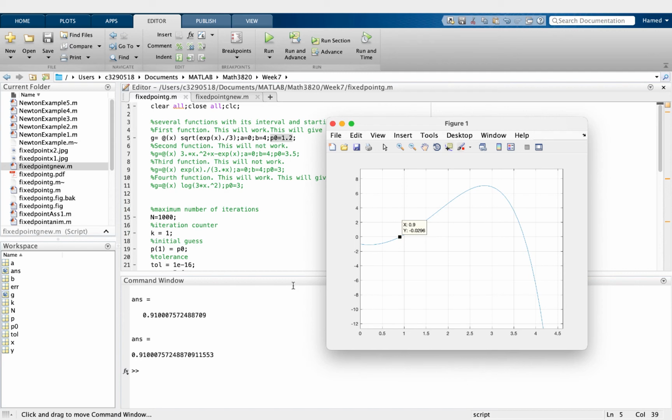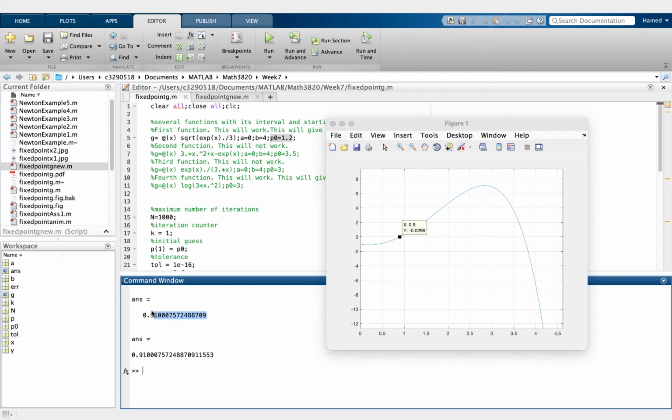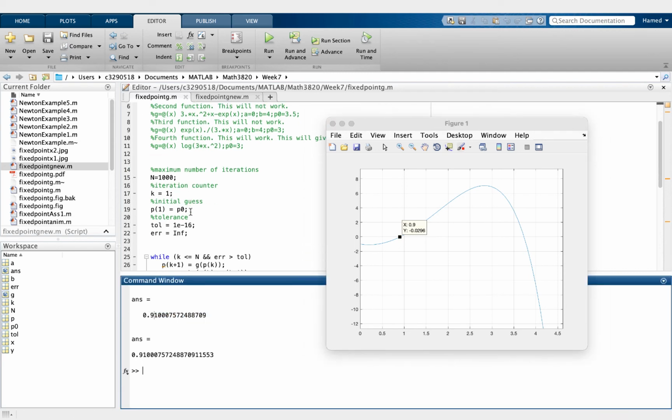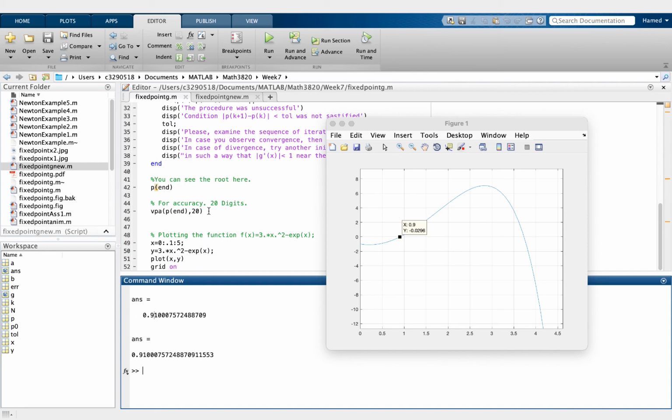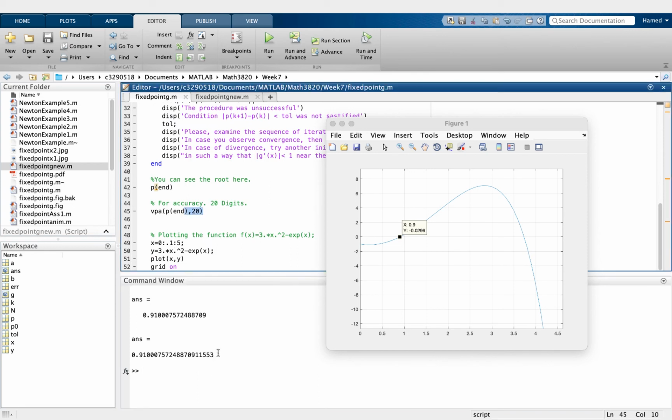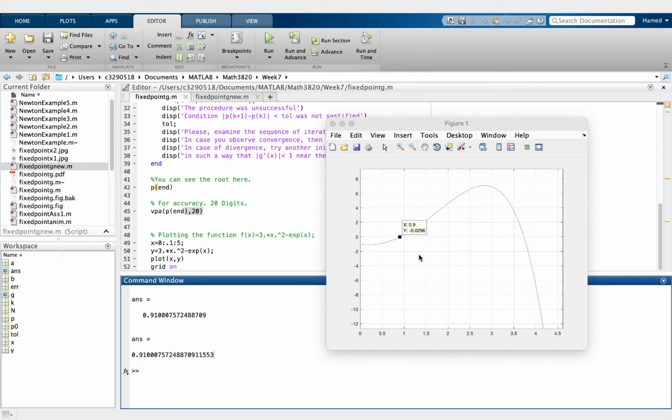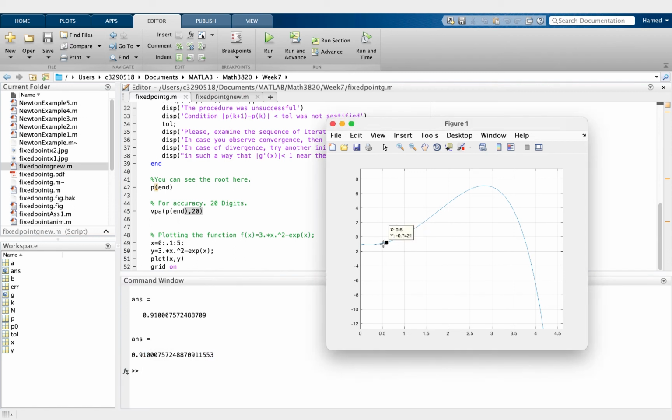The root that we have found for f of x, or fixed point for g of x, is 0.91 with 20 digits. We see that there is also another root here, but we didn't analyze that interval because it's outside of the interval 0 to 3.